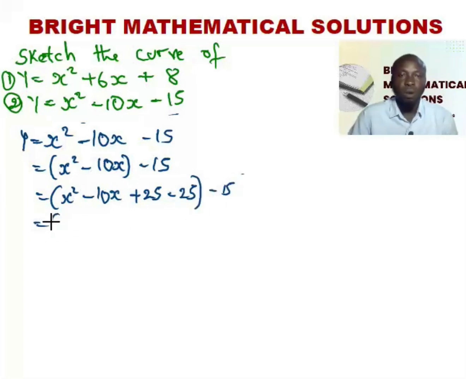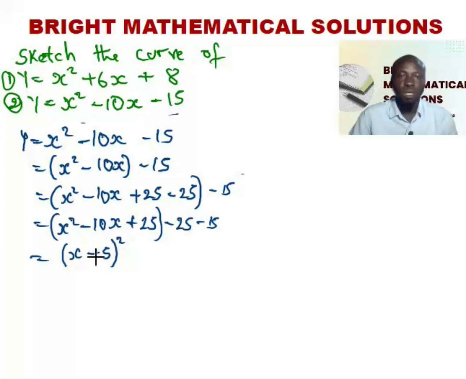So our expression now becomes x squared minus 10x plus 25 minus 25 minus 15. This now becomes (x minus 5) raised to power 2, negative because the coefficient of x is negative, and minus 15 minus 25, that gives us minus 40.